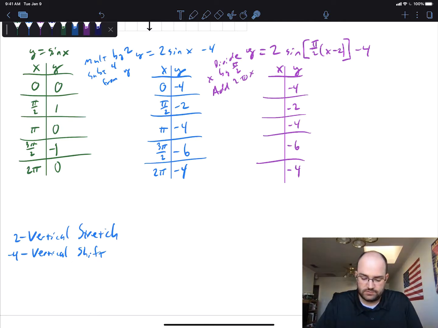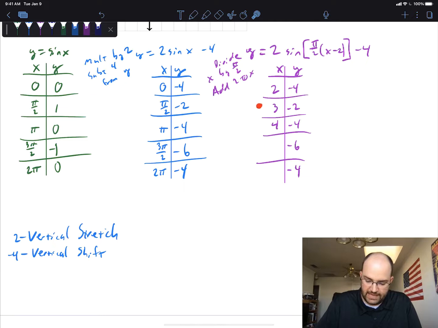But dividing by pi over 2 is the same thing as multiplying by 2 over pi. It's the reciprocal. So 0 times 2 over pi is 0, and then plus 2 is 2. Then pi over 2 times 2 over pi, well, that gives us 1, and then plus 2 is 3. Pi times 2 over pi is just 2, plus 2 is 4.